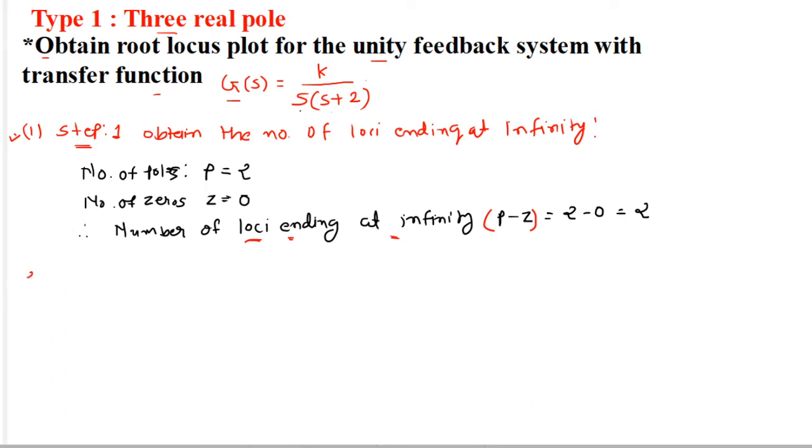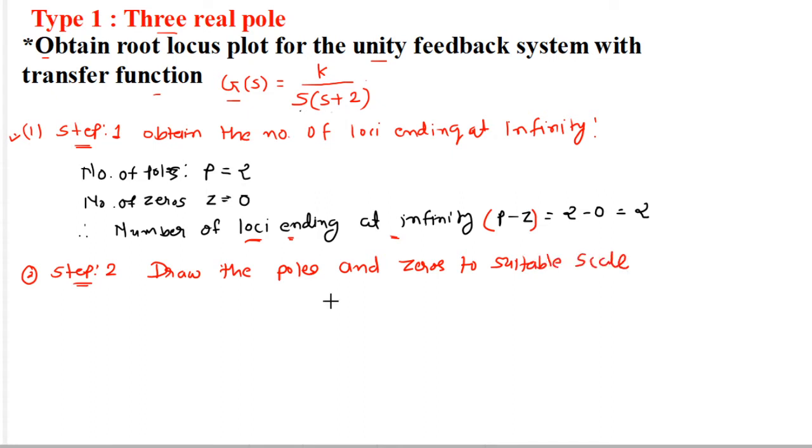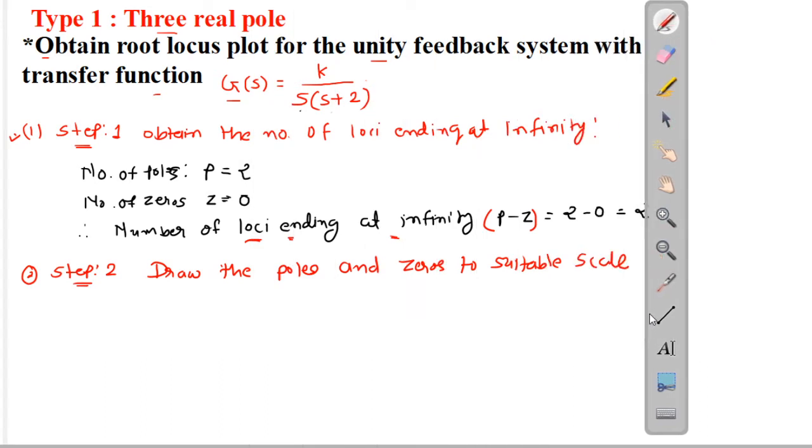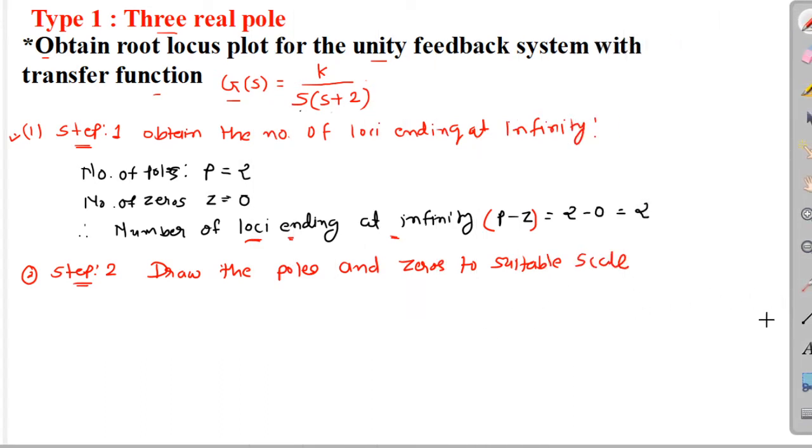Now step number 2: draw the poles and zeros to a suitable scale. First of all we draw the real axis and imaginary axis. We know the vertical line is the imaginary axis and the horizontal line is the real axis.